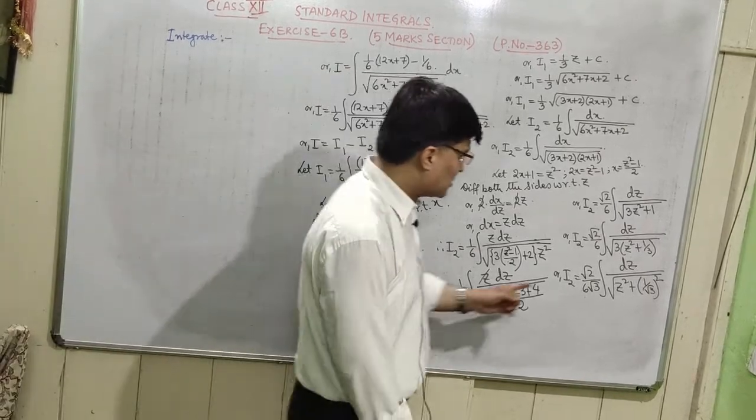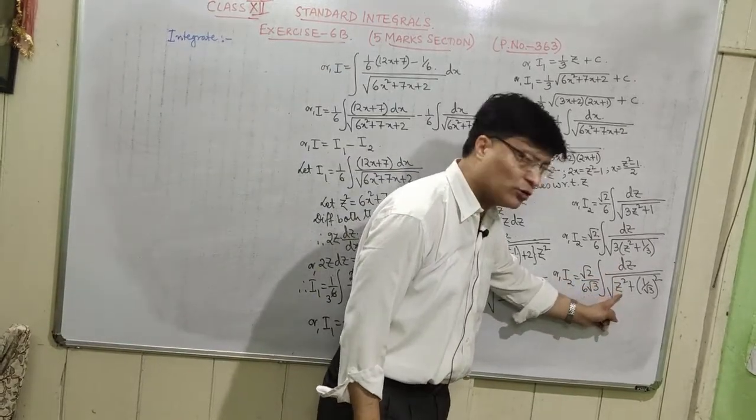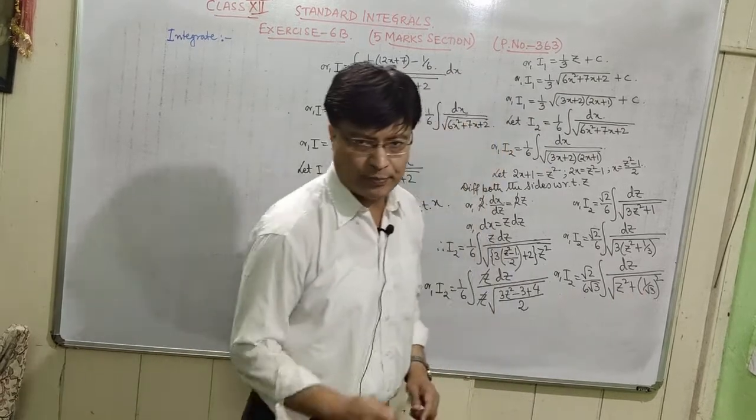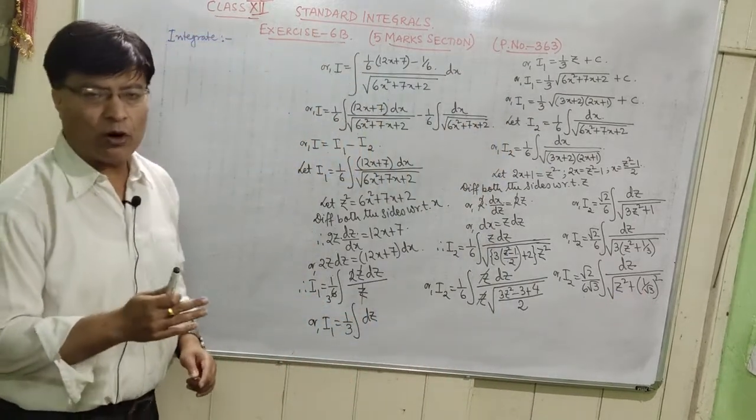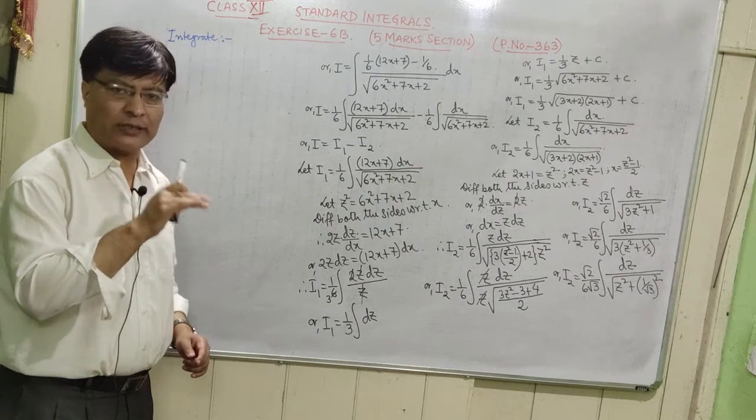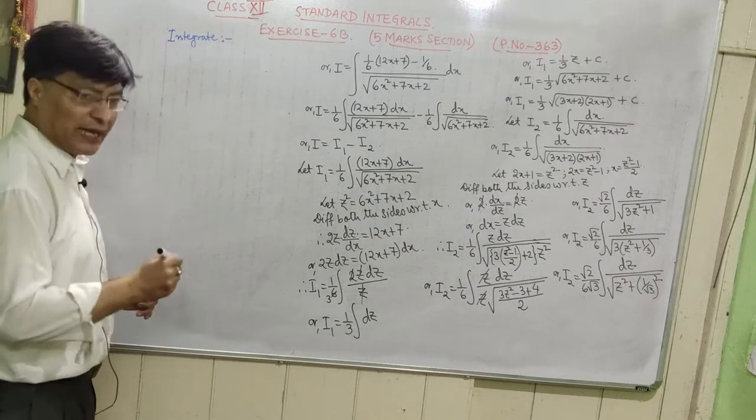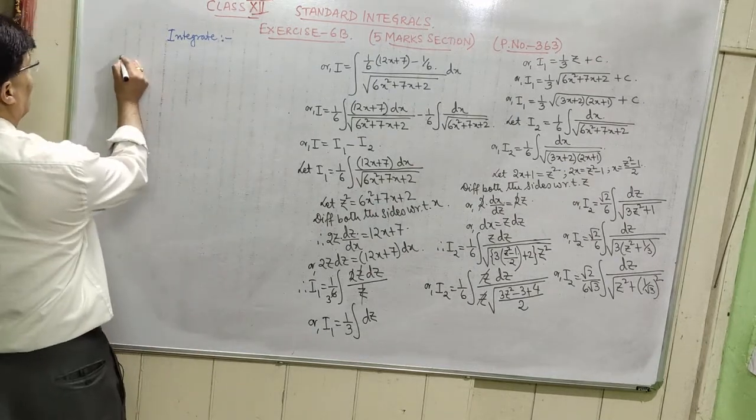Now this is the standard integral dx upon root over x square plus a square, which is equal to log base e within mod x plus root under x square plus a square. So let us write it here.